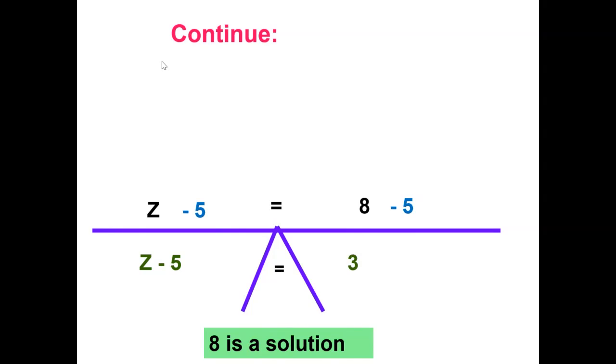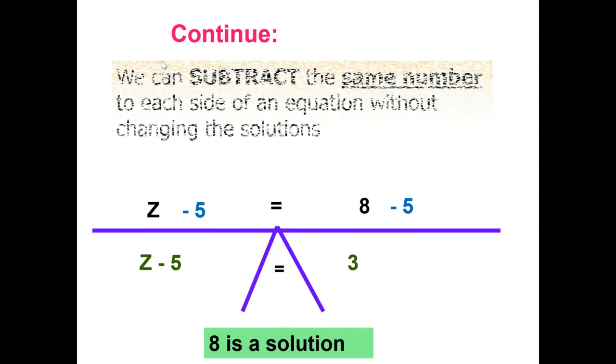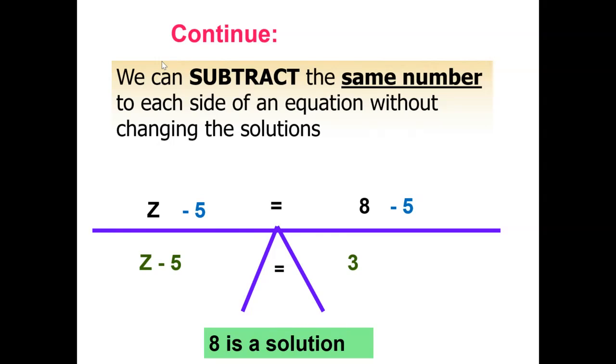Now let's see, what should I replace my z by so I get 3? Once again, the answer is 8. 8 minus 5 equals 3. So I can also subtract the same number from each side of an equation without changing the solution. So the addition property of equality allows us to either add the same number or subtract the same number on both sides of the equation without changing its solution.